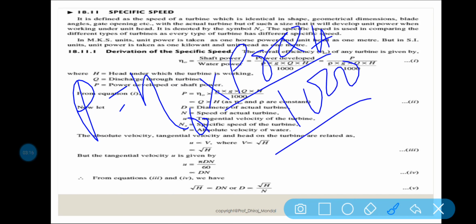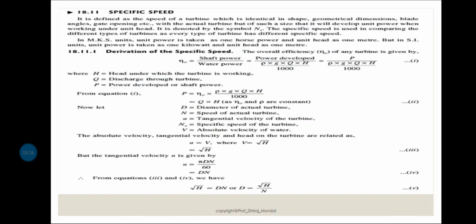Where rho is the density of the water, g is the gravitational constant, Q is the discharge, H is the head, and eta naught is the overall efficiency. Clear? Now rho, g and efficiency are constant terms.